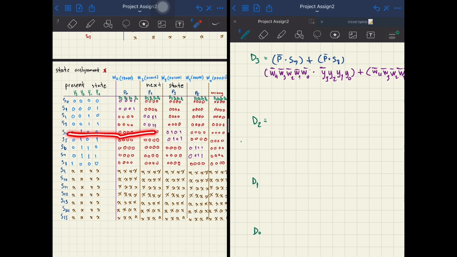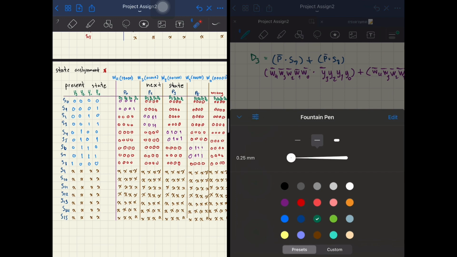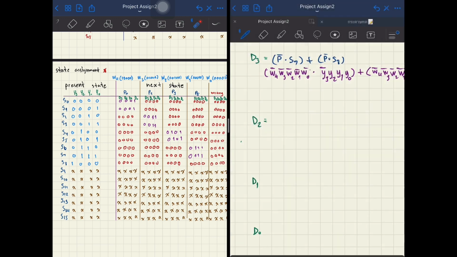It is S5, S4 and S5 at P3, so it is P3, right? P3, and with S4 state 4, or with P3 and with state 5.